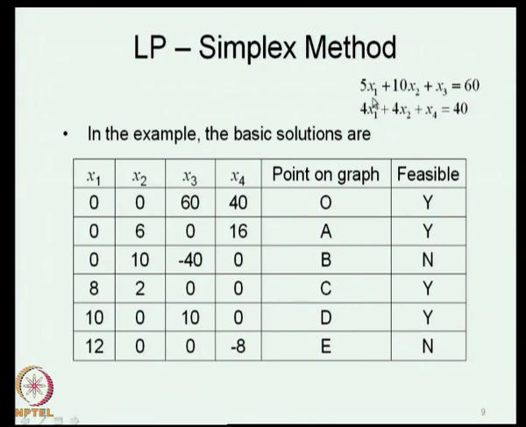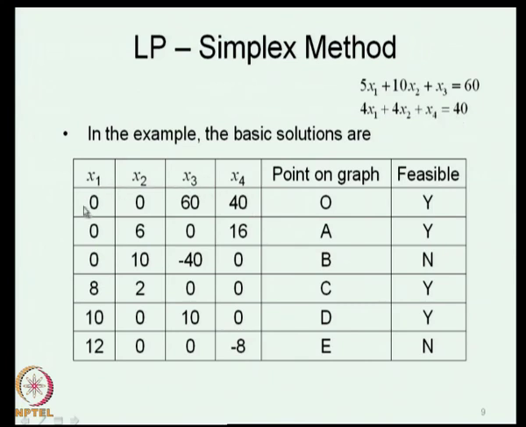What is the basic solution? In this case, we set 2 of the variables to 0 and solve for the remaining 2. Let us say we set x 1 and x 2 equal to 0. Out of these 4, we keep setting 2 of the variables to 0 and solve for the remaining 2. So, x 1 equal to 0, x 2 equal to 0. What happens? Therefore, x 3 will be 60 and x 4 will be 40.